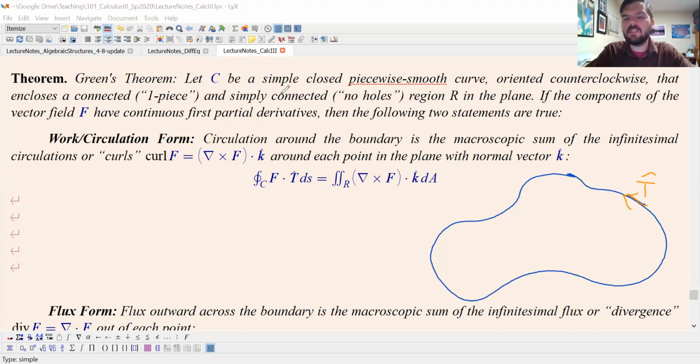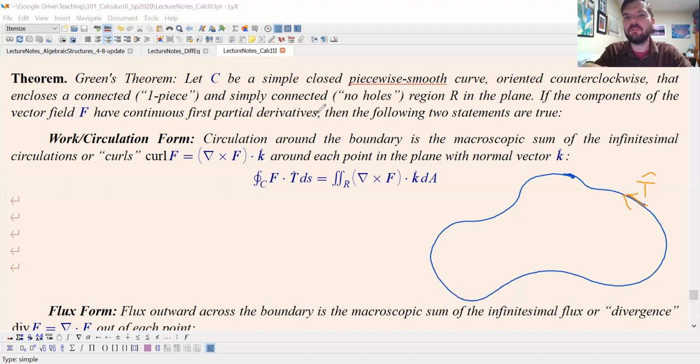It is piecewise smooth, which means that there may be some places like here where maybe there are some sharp cusps, but it should be differentiable in between all those places.